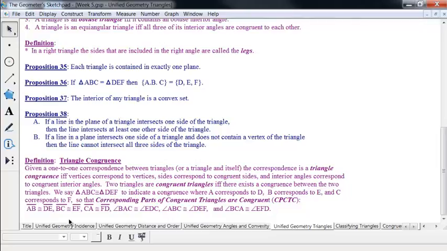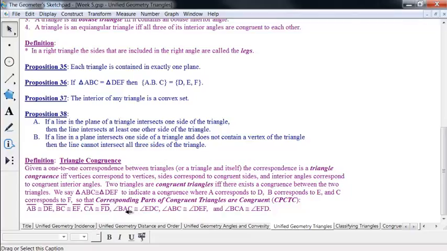And so this gives you a list of several things that are congruent. Line segment AB is congruent to DE. BC is congruent to EF. Line segment CA is congruent to line segment FD. So all three corresponding sides are congruent, and corresponding angles are congruent as well.